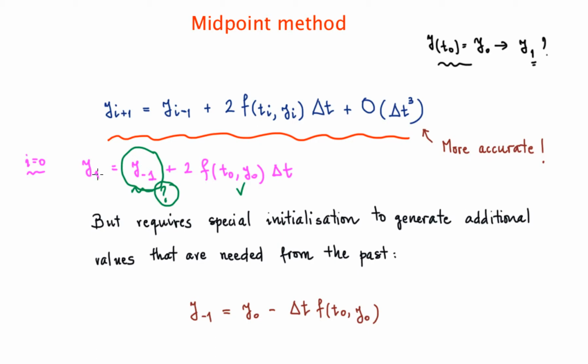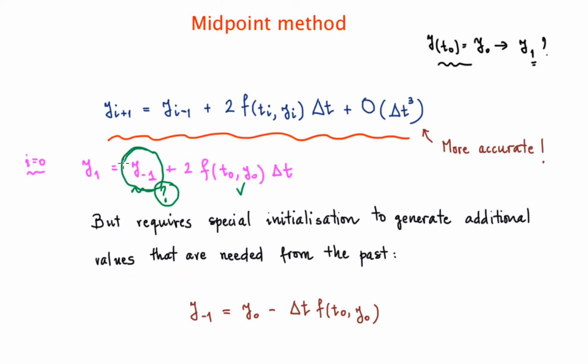Because once we have that, we can apply the method to get y1, and then once we have y1, we can apply it again to get y at time t2, and so on and so forth. But initially, we have such a problem. So it requires some special initialization to generate additional values that are needed from the past.